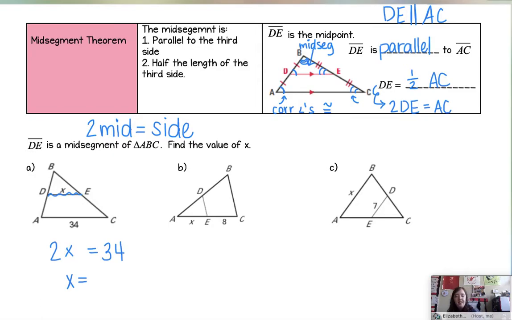So the big thing that we need to know is that the midsegment is parallel to the third side, and that 2 times the midsegment is equal to the third side.